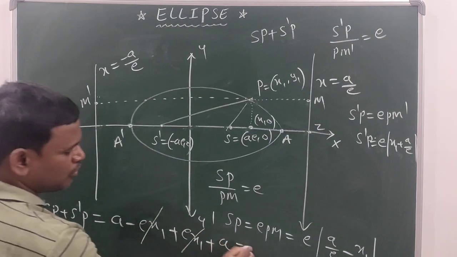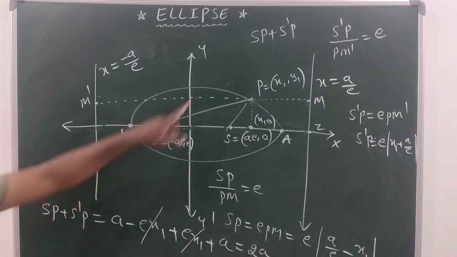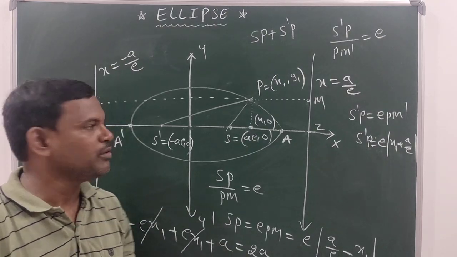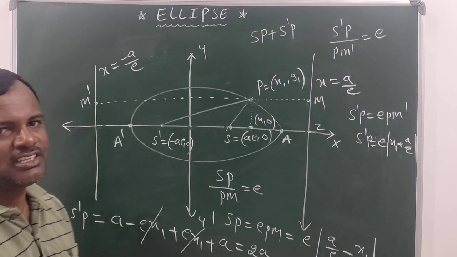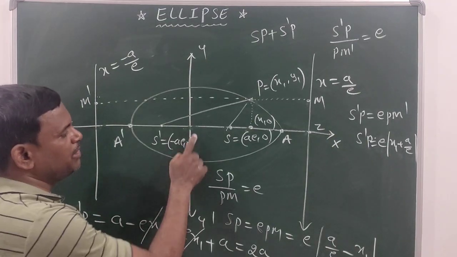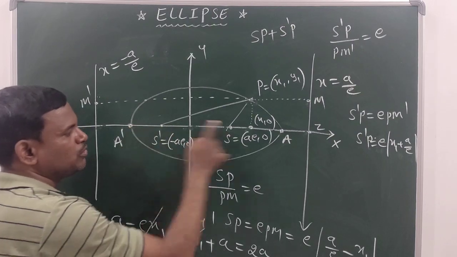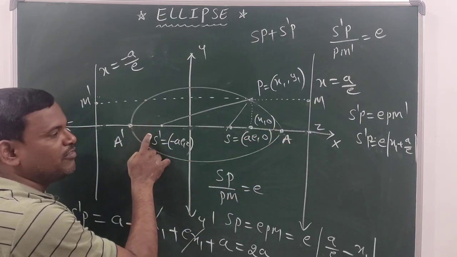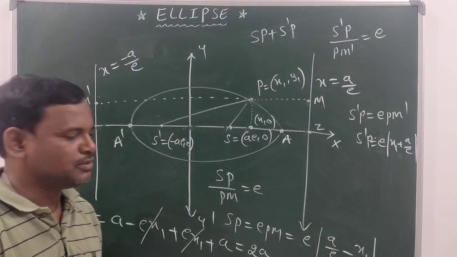A plus A, 2A. Students, SP plus S dash P is equal to how much? 2A. 2A means length of major axis. From here to here A, here to here A. So this total length will be called 2A, that is AA dash, the length of the major axis for this ellipse.